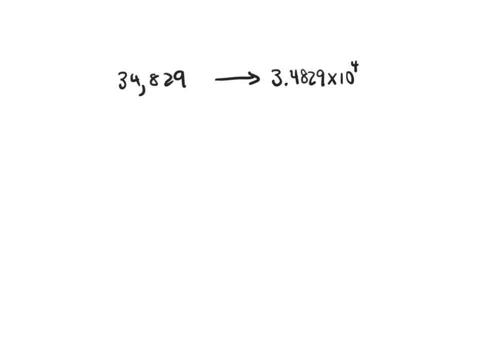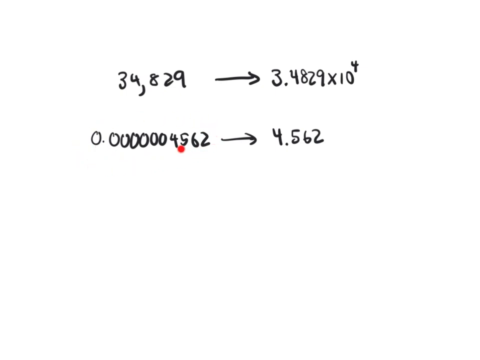If I have a small number, let's say 0.0000004562, again, I'm going to look for the first non-zero number, and I'm going to write 4 and then the decimal place, and then the rest of the numbers after that, 562. And then I'm going to ask myself, how far do I have to move this decimal place in order to get back to this original number?